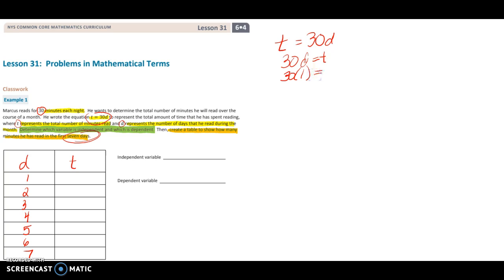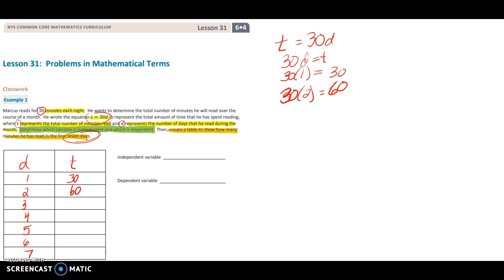Well, what does T equal here? 30 times 1 is 30. So I'm going to put that in my chart. Next, 30 times 2 equals T. So here, when D is 2, T is 60.